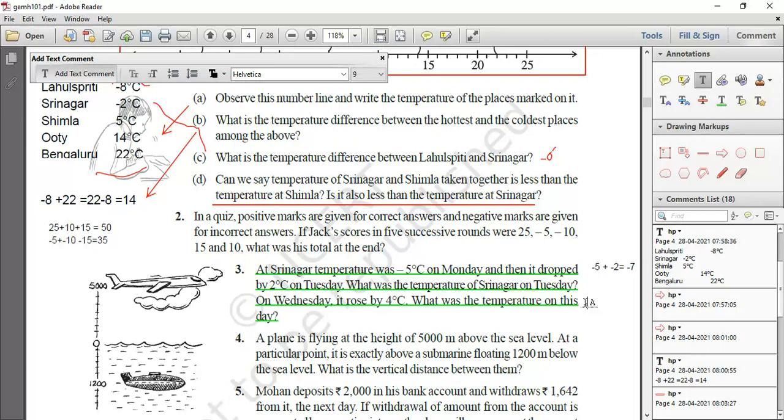The temperature on Tuesday was -7 and it rose by 4 degrees, so the answer is -7 plus 4. So the answer for this question is -3. Understand?